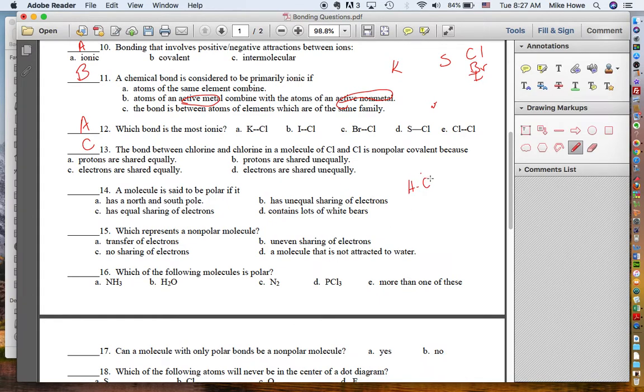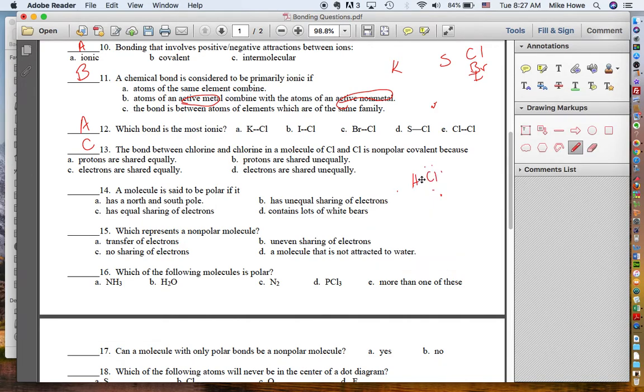If you haven't, there's a dot diagram for HCl. But in reality, the electrons are spread over here. So I have a little glitch like I normally have with this thing.